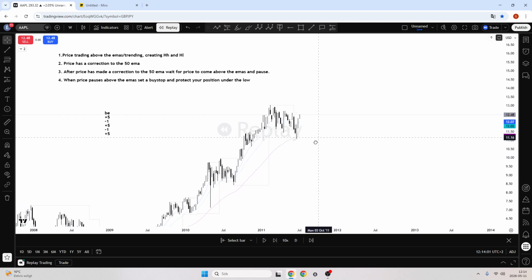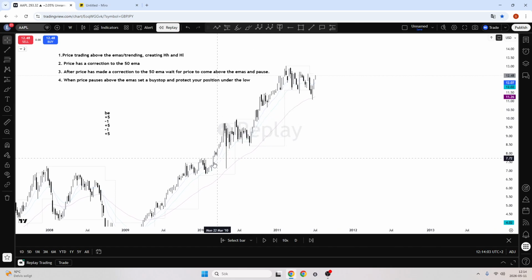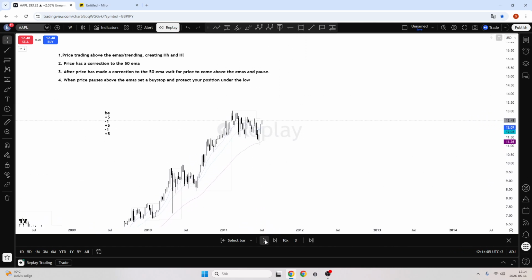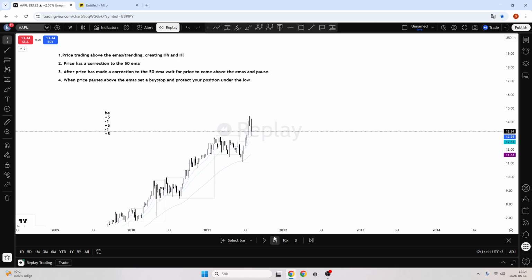So now we're coming down to the 50 MA again. Very good structure to the upside. We wait for a pause. We don't pause, so there's no trade for us. It's a little bit wicky here.